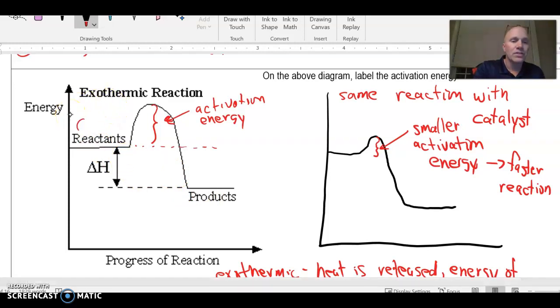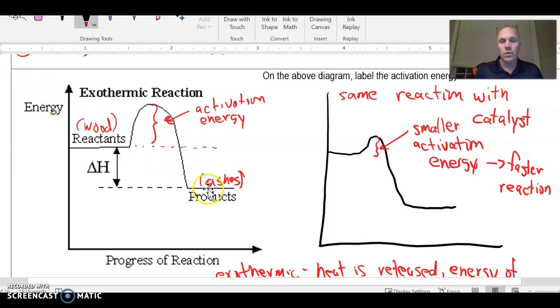One way to think about this is to think of your reactants as being the wood and your products as being the ashes. If you think about it, which has more possible energy, the wood or the ashes? Well, the wood has more possible energy. You could burn it to get some energy out of it.